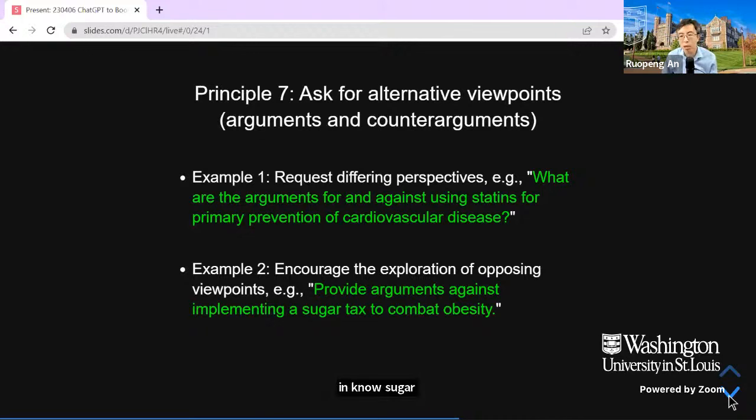But we need to carefully consider not to be biased by our own viewpoint. It is important actually to give you some opposing thoughts about your argument, and that is usually beneficial to provide you a more holistic understanding. Okay.